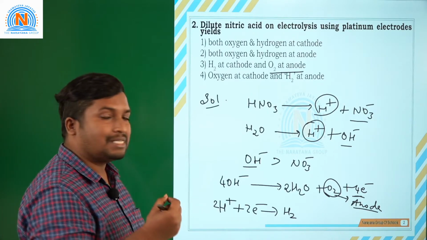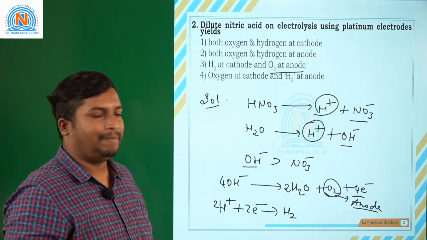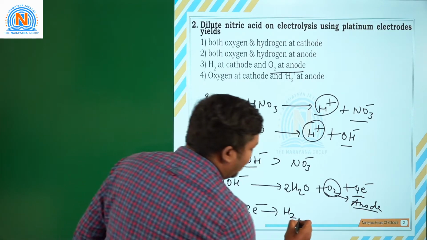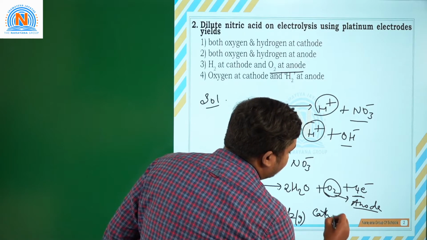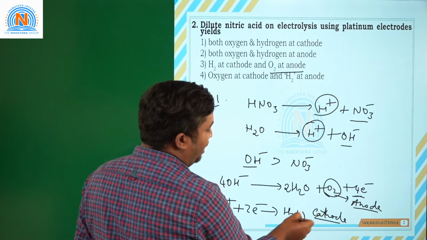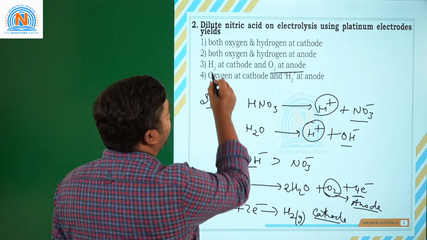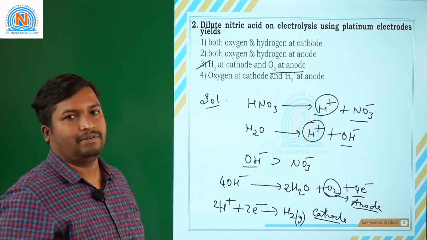The process of gain of electrons is called as reduction, and reduction generally happens at cathode. So the hydrogen gas is generally collected at cathode. So just verify these options. O2 should be at anode and H2 should be at cathode. H2 at cathode and O2 at anode. So third option would be correct for it.